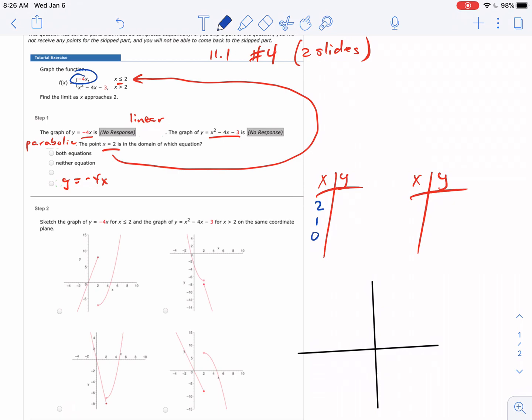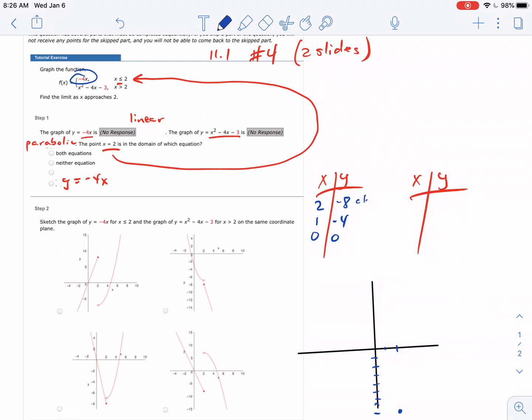happening on the graph. And so when I put a 2 in, I get negative 8. When I put a 1 in, I get negative 4. And when I put a 0 in, I get 0. So I'm going to go to 2, negative 8, about right there, and I use a closed dot.